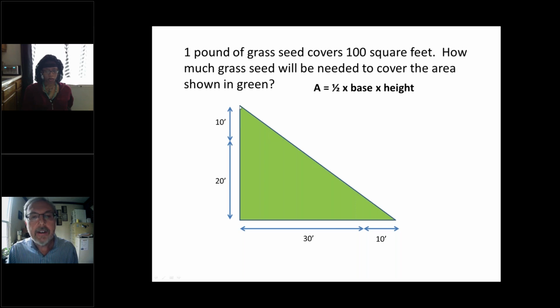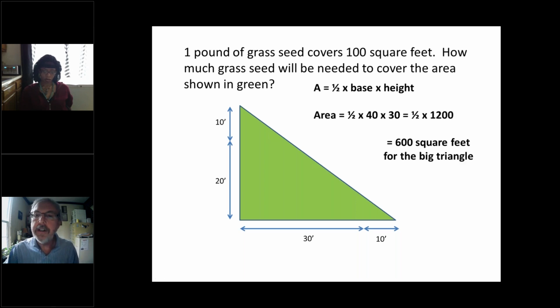So what would the height of this be? 50. 30. 30, right. Yep, that's it. Okay, so let's put those into the equation. So we've got 1/2 base times the height. So we said the base is 40.